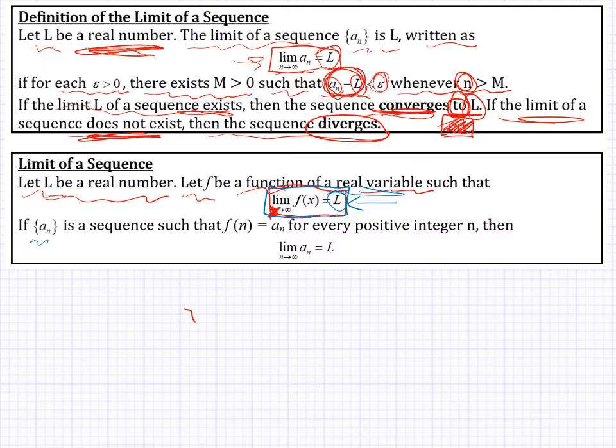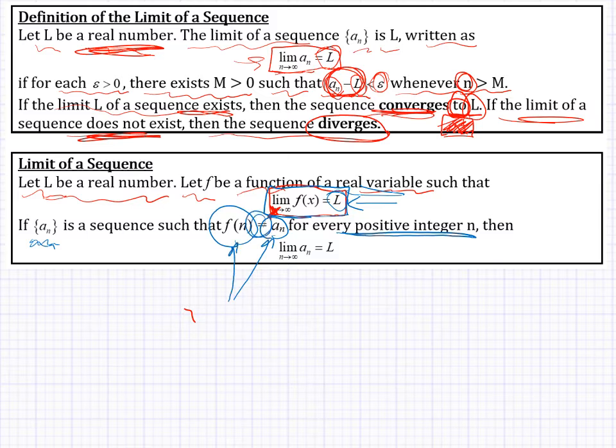Now let's say we have a sequence a sub n. A sequence is not really particularly the same as a function, though we think of it as a function. But let's say we have the sequence a sub n such that f of n equals a sub n for every positive integer n, which means when I plug 1 into the sequence and I plug 1 into the function, I get the same thing.